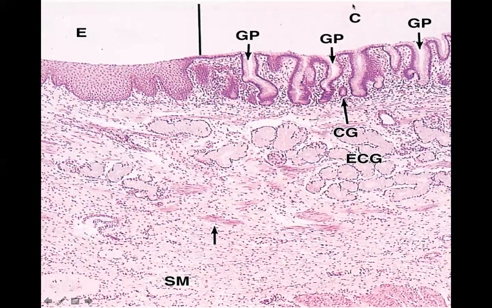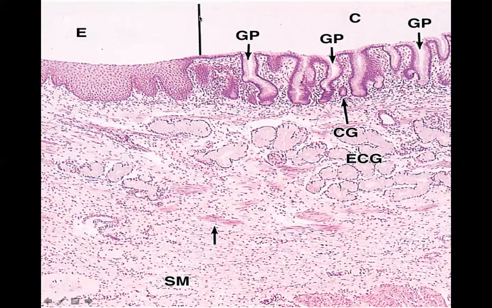C stands for the cardia of the stomach. That is the part of the stomach that is totally adherent to your esophagus. And what do you call this area right here? This is your esophago-gastric junction.